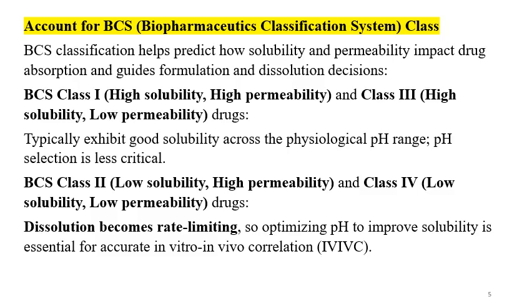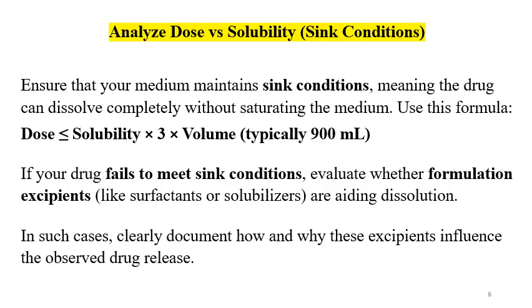So as per the BCS, we need to check whether dissolution becomes rate limiting for the absorption, permeability or not. Optimizing pH to improve solubility is essential for accurate in vitro in vivo correlation. We should also get good IVIVC so that we can formulate robust, stable, and bioequivalent formulations. This is the second point.